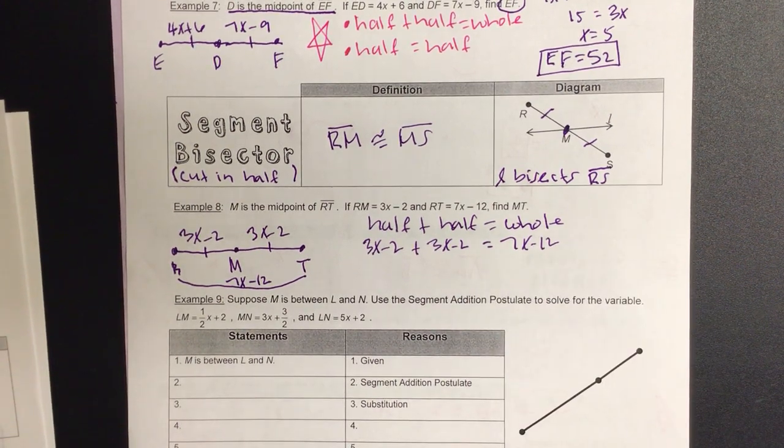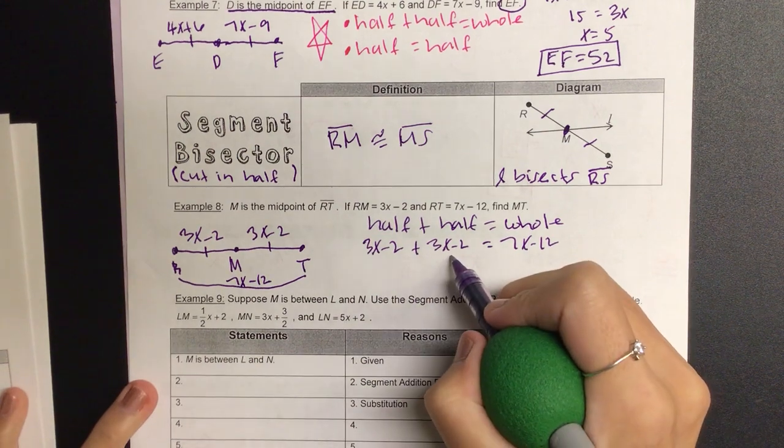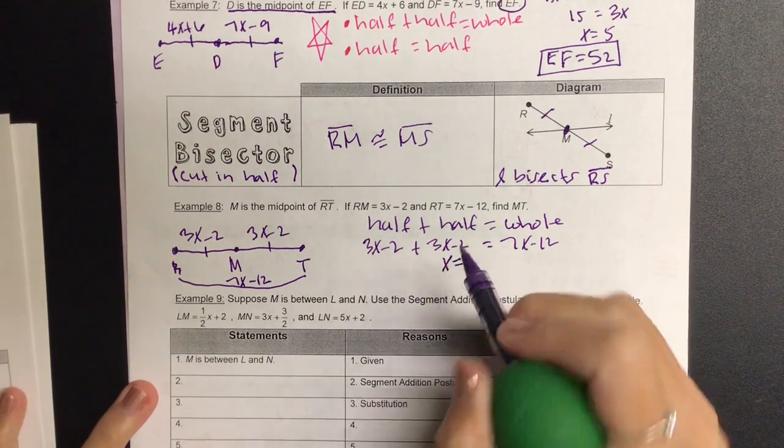Go ahead and solve for x with your partner and find MT. Your x should be a single whole number.